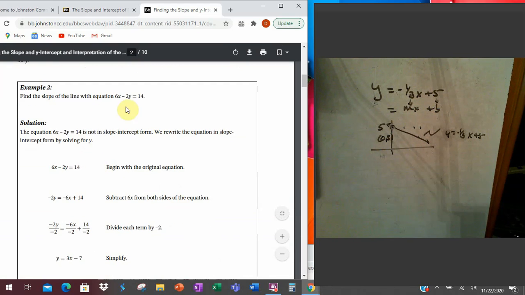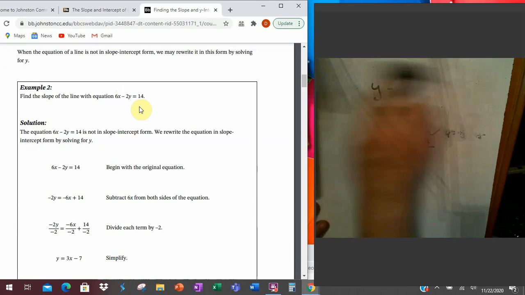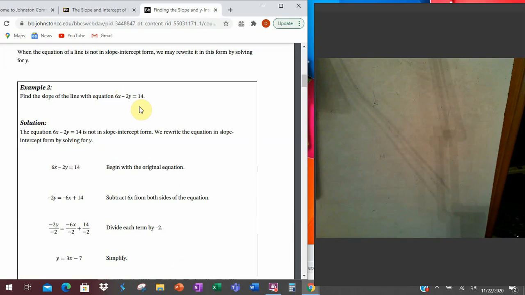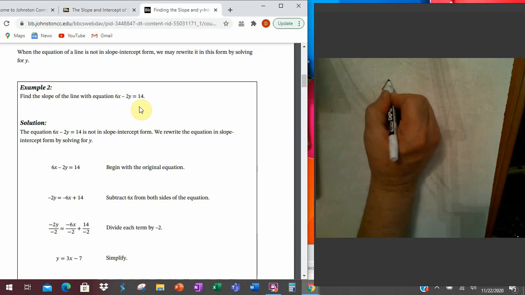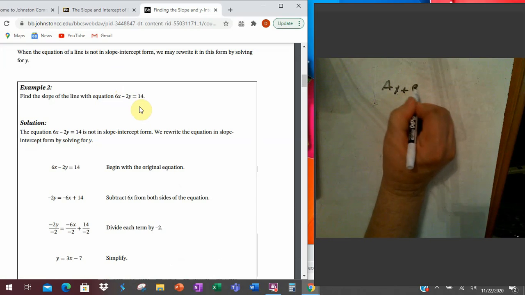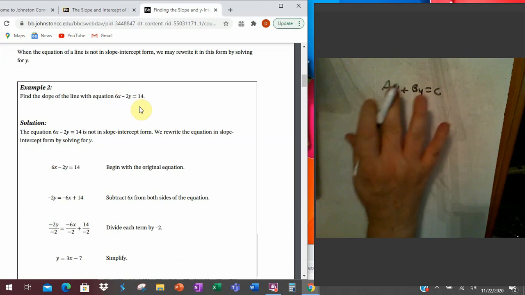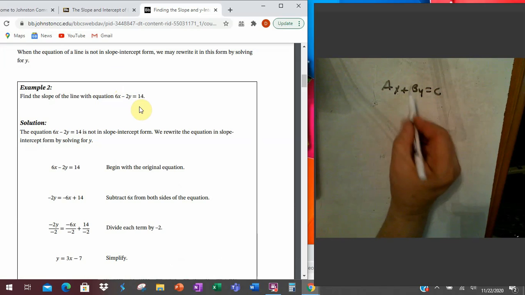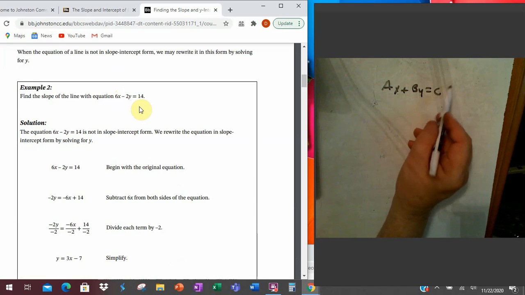Find the slope of the line with the equation 6x minus 2y is equal to 14. Now this is just a different form of a straight line. ax plus by is equal to c is a different version, and I can always put this into the mx plus b version. I just solve for y.